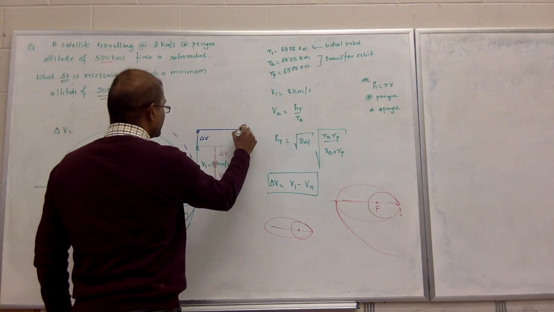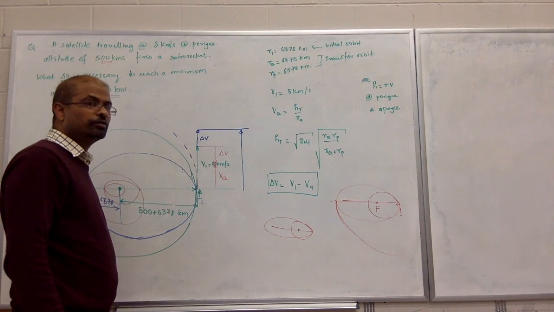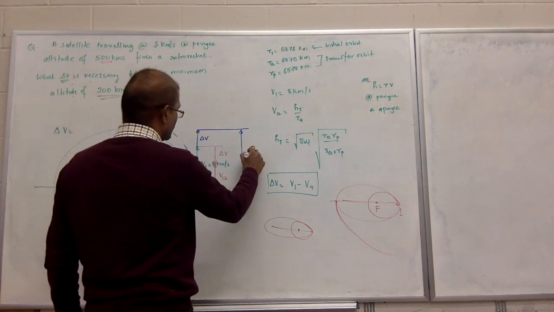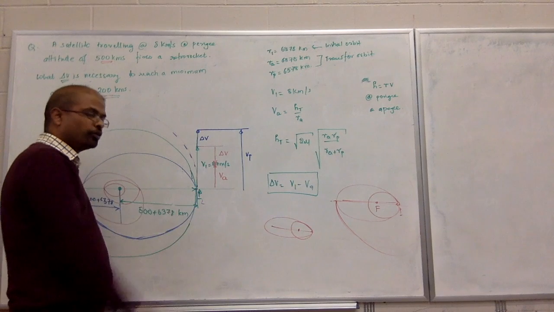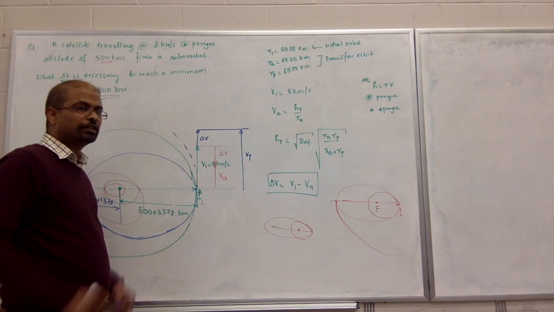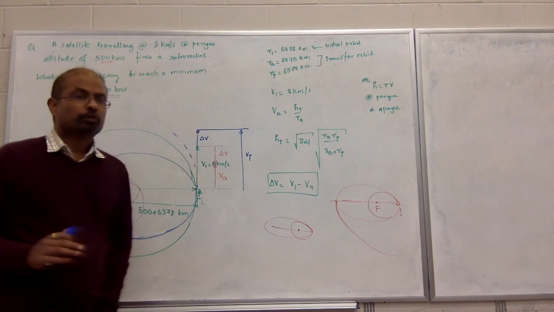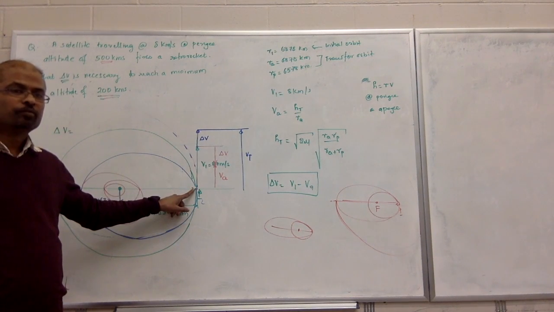So that would be VP then, because you're doing a perigee maneuver. Before you do the maneuver, this point is just a point.